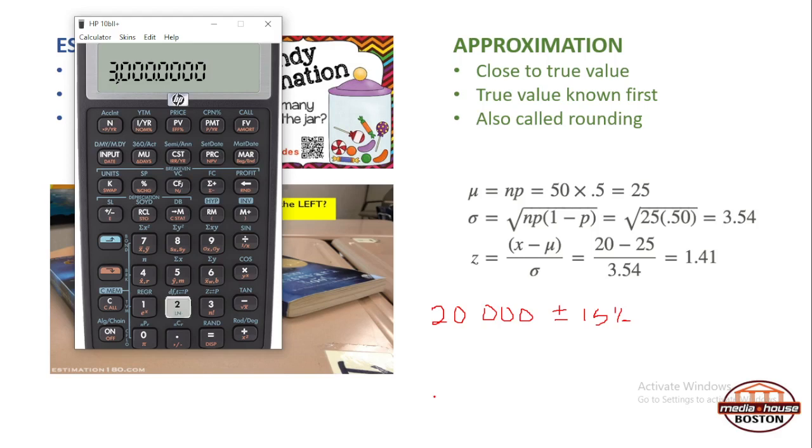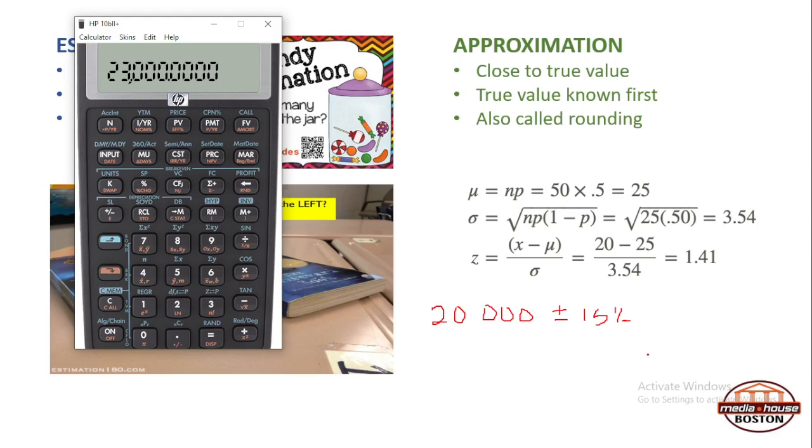So the minimum that we could expect is 20,000 minus 3,000, which is minus 15%. So the expected sales could be 17,000, or 20,000 plus 3,000, meaning the expected sales should be between 17,000 and 23,000.